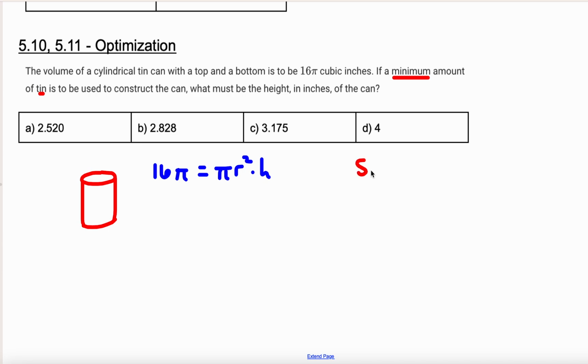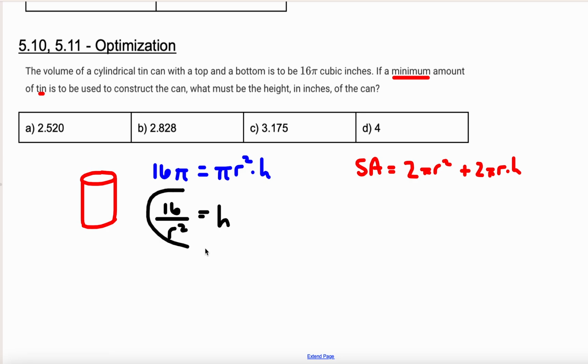So I'm going to go with surface area, and because it's a cylinder, that formula would be 2 pi r squared plus the label 2 pi rh. I'm going to go ahead and solve this equation for h. If I do that, the 16 will remain in the numerator, the pi will cancel, and the r squared will go on the bottom.